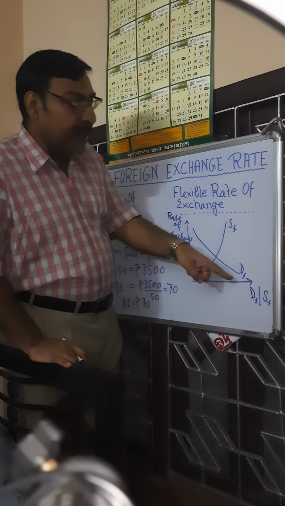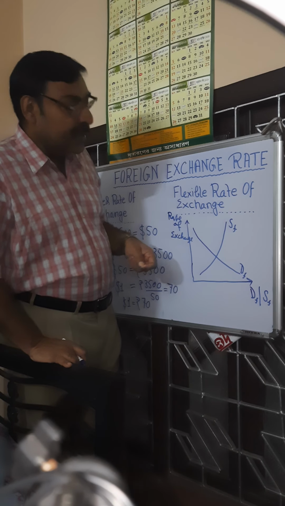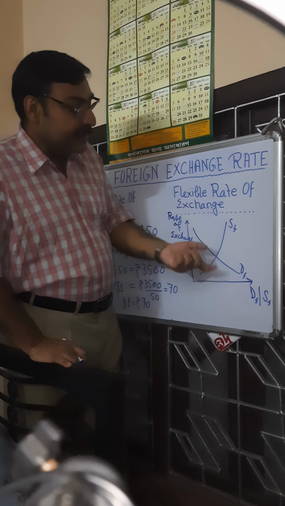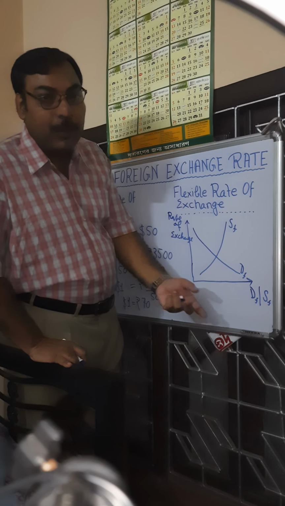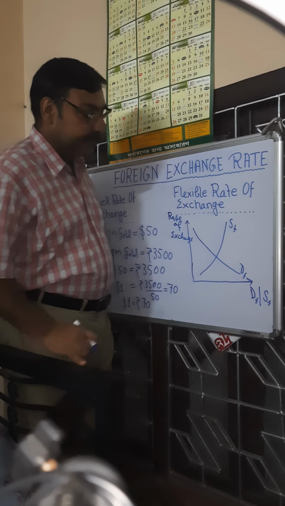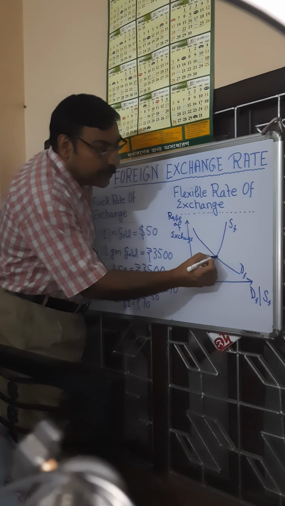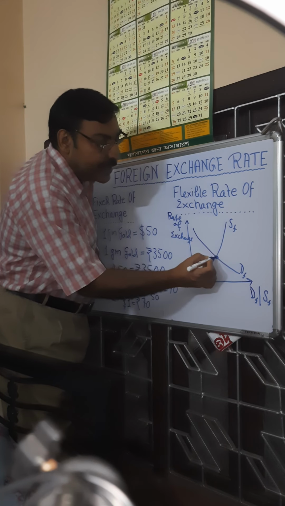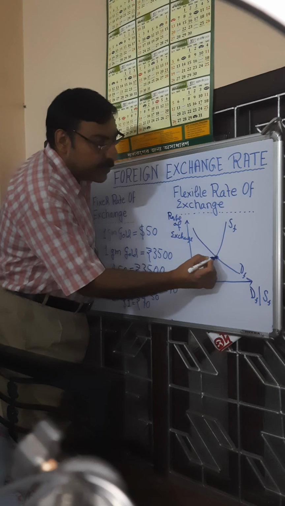In case of demand for foreign currency, if price of foreign currency is high, then demand for foreign currency will be low, and vice versa. Because of inverse relation, it is downward sloping. So this is the point of intersection, point of equality between demand for and supply of foreign currency.